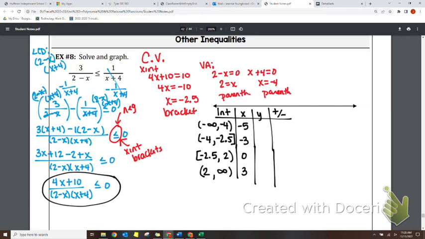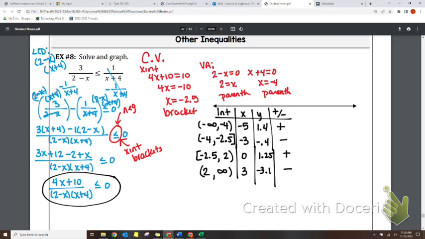All right, so I do this. My negative 5 is 1.4 something, so it's positive. Negative 3 is negative 0.4, so it's negative. 0 is 1.25, so it's positive. And 3 is negative 3.1 something, so it's negative.